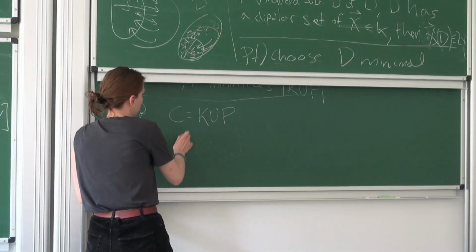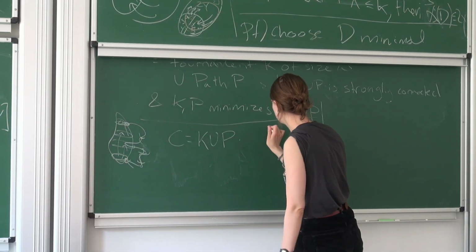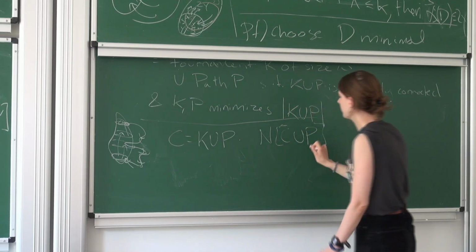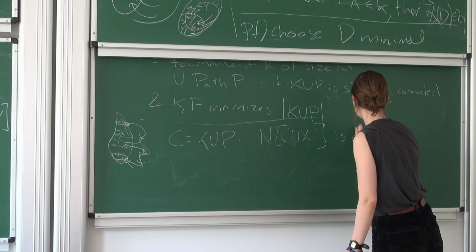And so I'll do some adding. N(C union P), so the closed neighborhood of, sorry, C union X is dipolar.